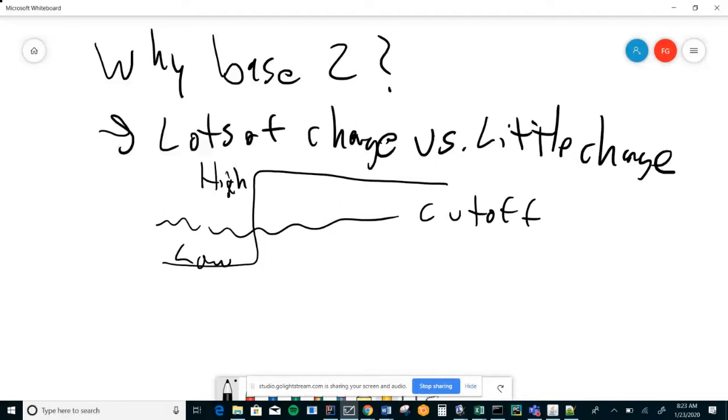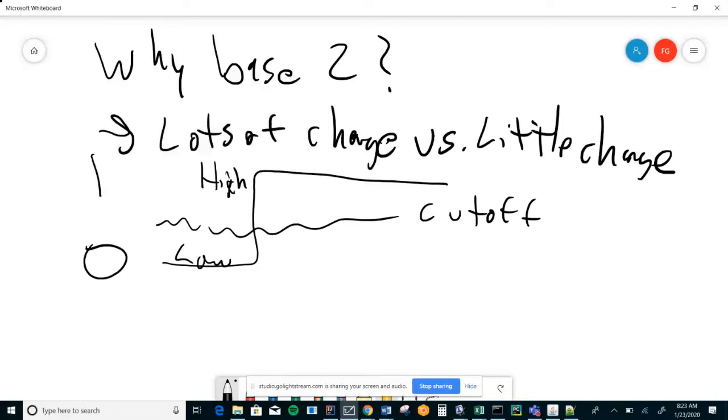So digital circuits are engineered so that this gap is wide enough that this cutoff in the middle reliably distinguishes the low versus the high. So that's an easily achievable physical state. That then enables us by convention to say low is 0 and high is 1.